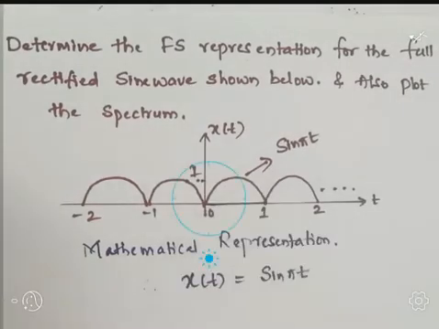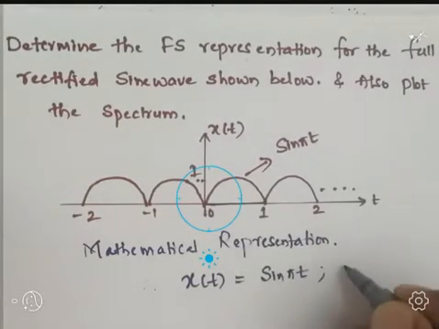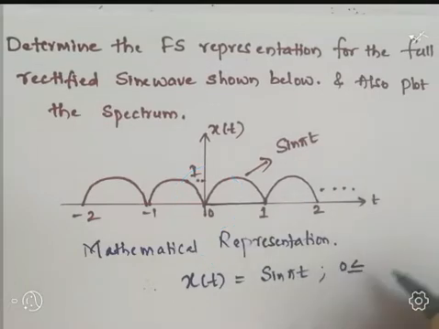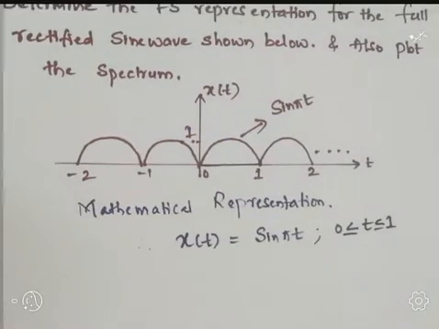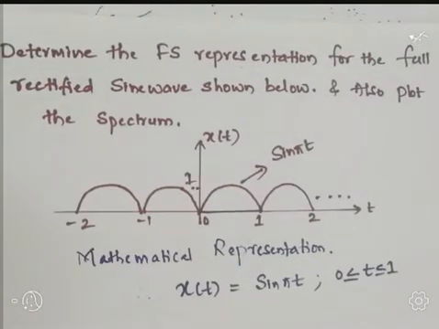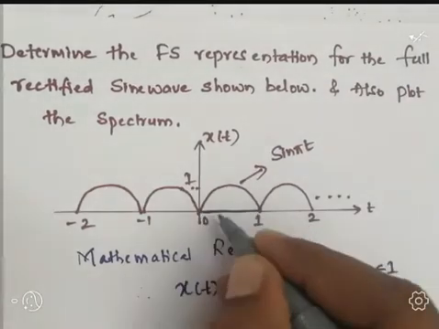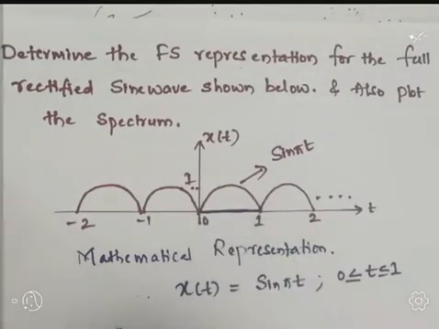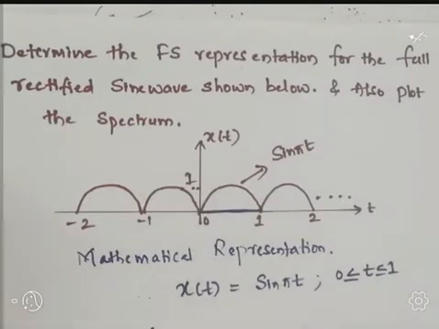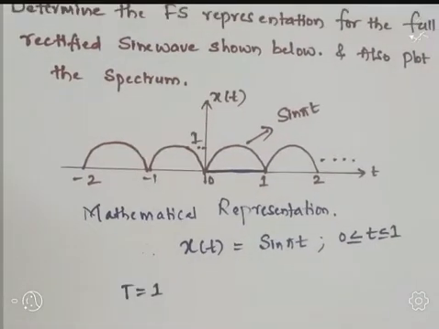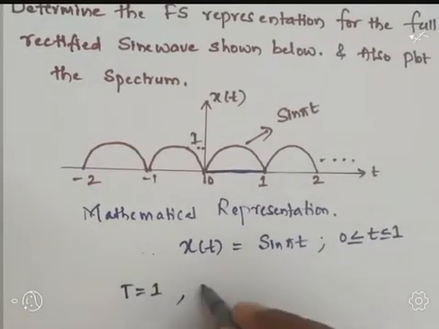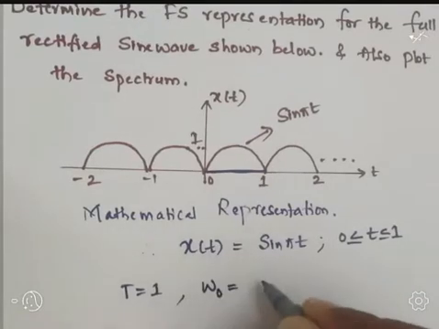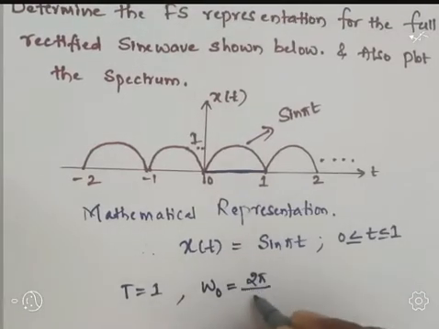So we can say that this is present for the duration where the value of t lies between 0 to 1. So this is the mathematical representation of the given signal. First calculate how much period is there. So the fundamental period of this one is T equal to 1, and calculate the angular frequency using the formula omega naught equal to 2 pi divided by T. So T equal to 1.